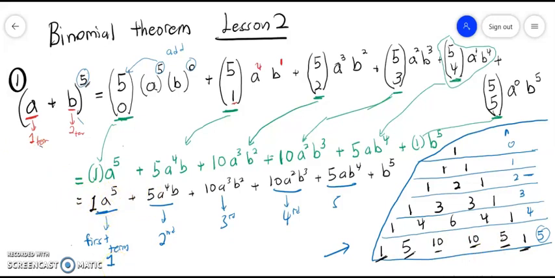Let me circle this with the red color. 1, 5, 10, 10, 5, and 1. Okay guys, so this is proven correct according to this Pascal triangle. So what you have learned here is expansion.